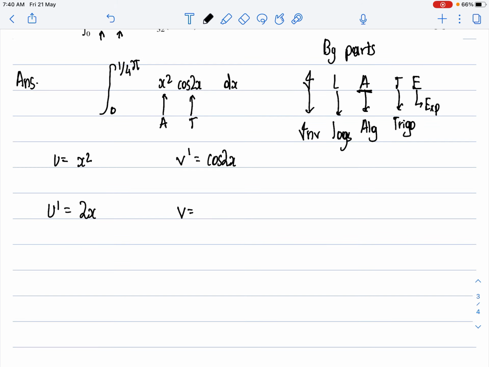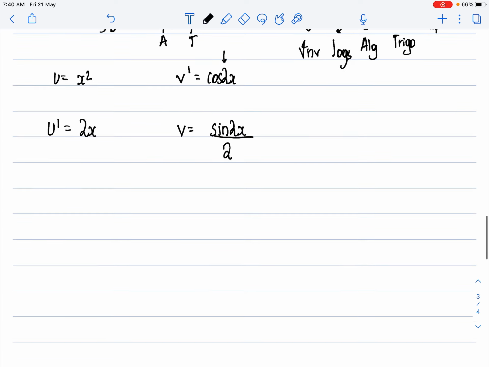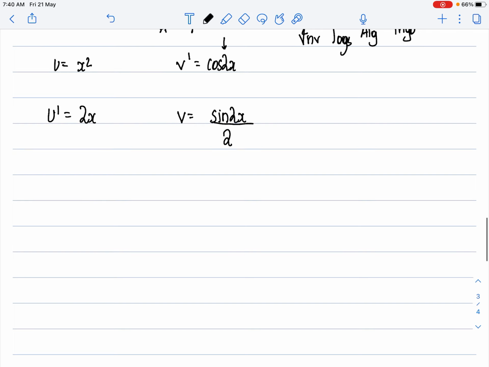The integration for cos is simple, it's sine, but it's sine 2x over the coefficient of x, which is 2. Now I use my formula, which is uv, with the limits a b, minus the limits with vu dash. So u into v is simply x square into sine 2x over 2.